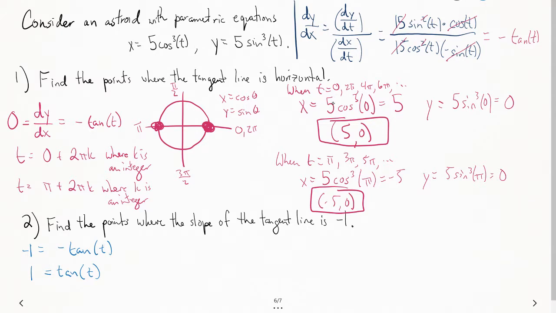Okay, so where does that happen? Well, that would happen in 2 spots, in the first and third quadrant, right? Because notice cosine and sine are both positive in this quadrant, so that means you'll get a positive tangent. And same thing, they're both negative in that bottom quadrant, and so that's where you're going to have that value.